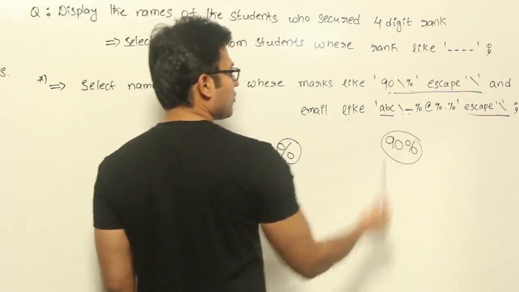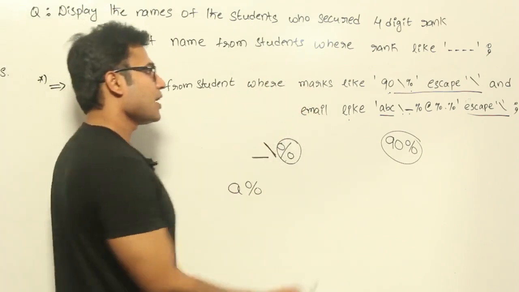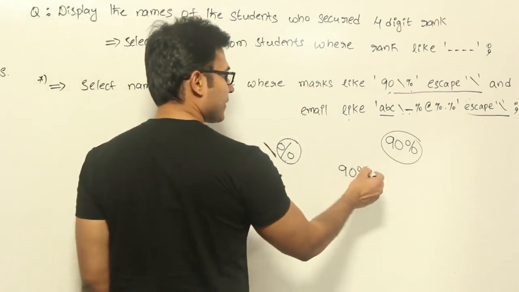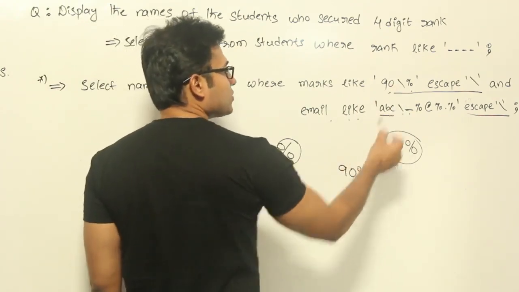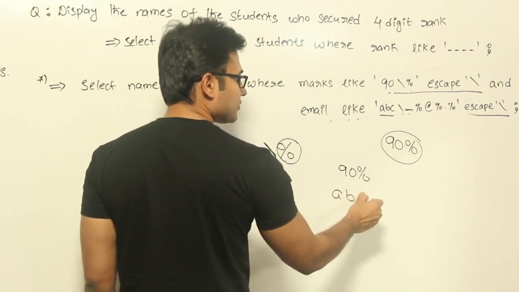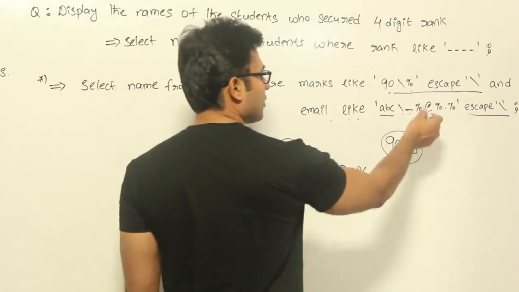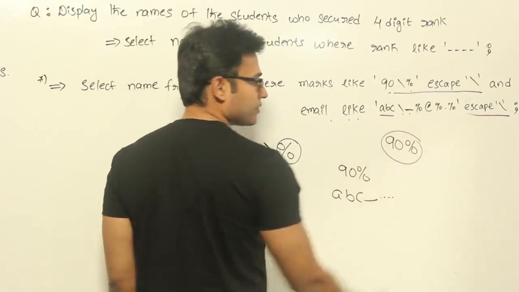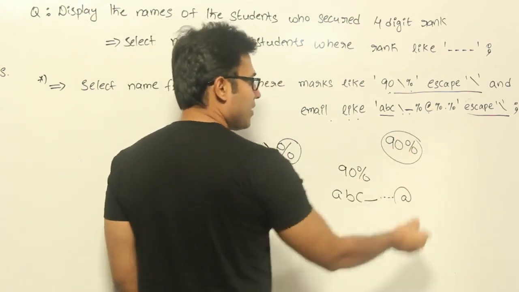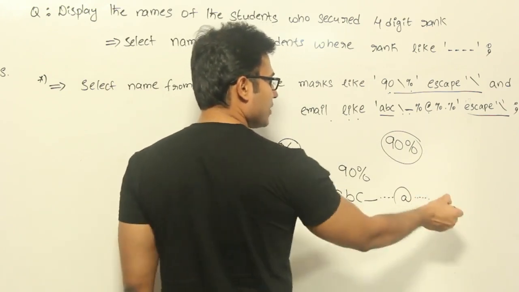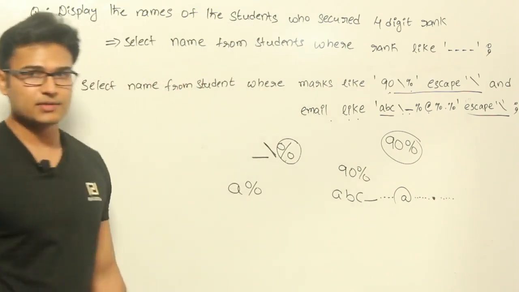Therefore, what we are asking is the names of all students whose marks are 90%, and email ID starts with ABC underscore, then any number of characters, 0 or more, then an @, then any number of characters, then a dot, and then any number of characters. That is the meaning of it, right?